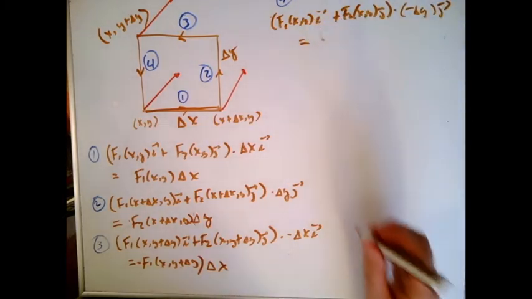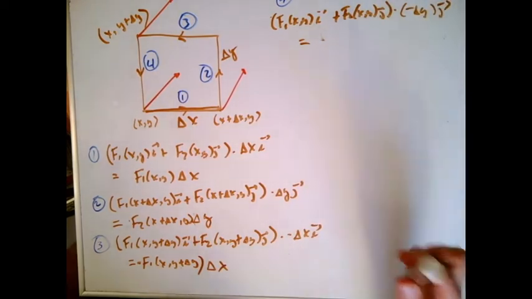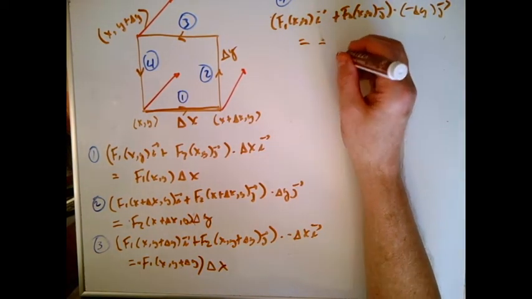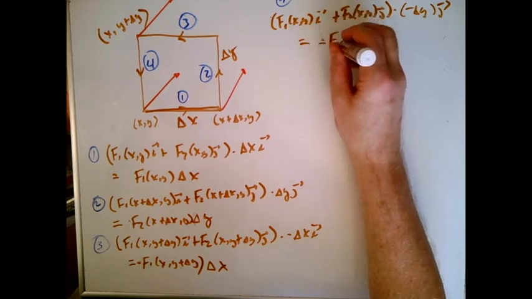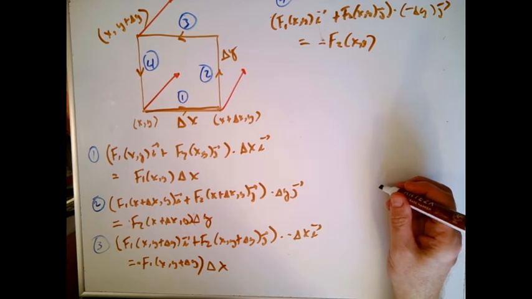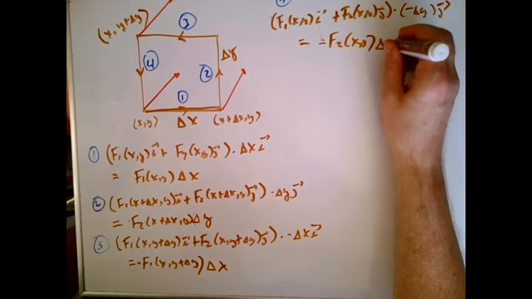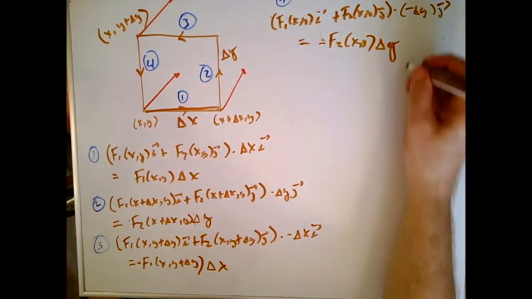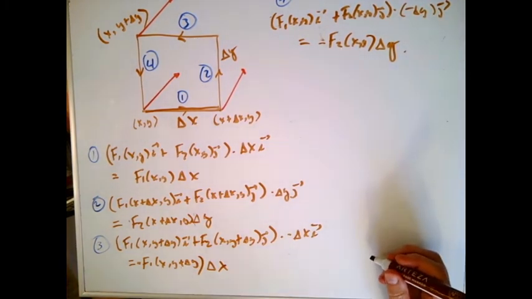We know that when we dot those two, the i part and the j part get 0, so all that we're left with here is minus f2 of x, y, delta y, like that. Okay, so that's the combination of all the work we have from all 4 sides.